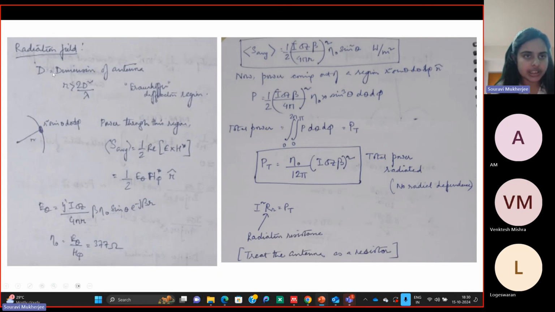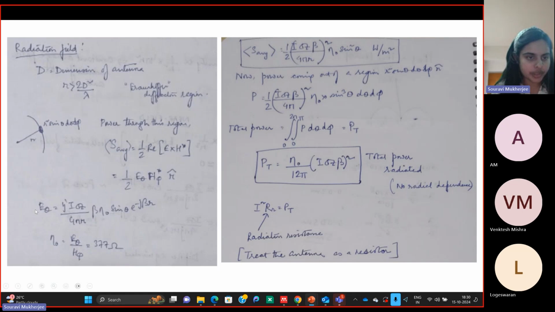The radiation, or Fraunhofer diffraction, region is termed as the region where the distance from your field point to the source point is much greater than 2d squared by lambda, where d is the dimension of your antenna. Another important thing is that if you try to find an expression for the power, this is nothing but the Poynting vector, and you are trying to take an average of the Poynting vector.